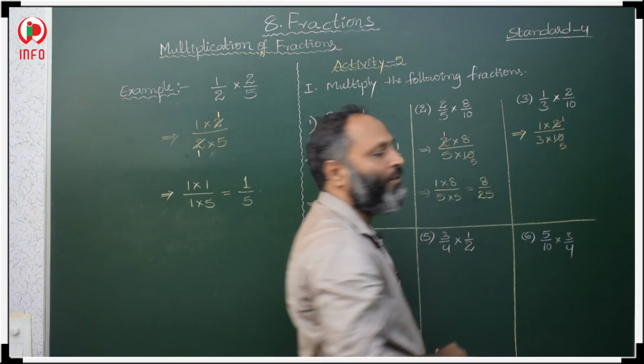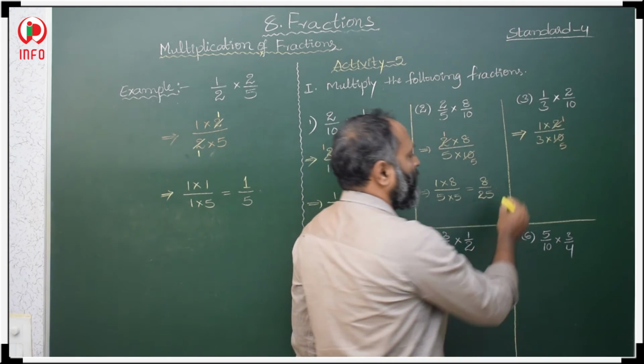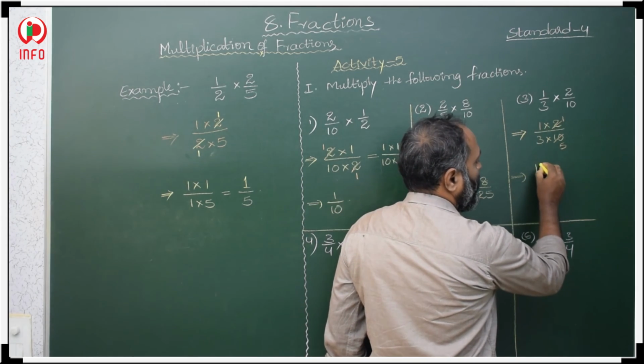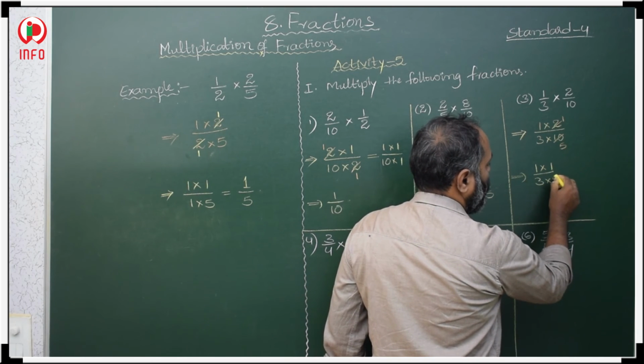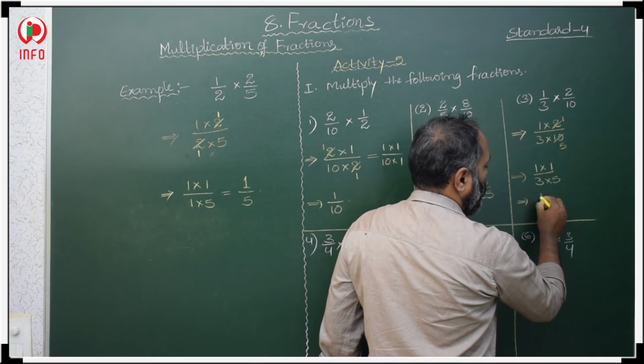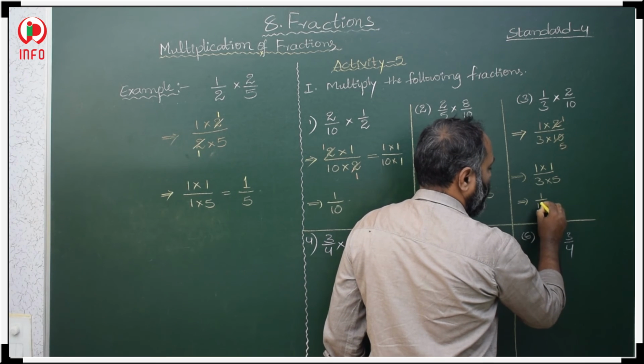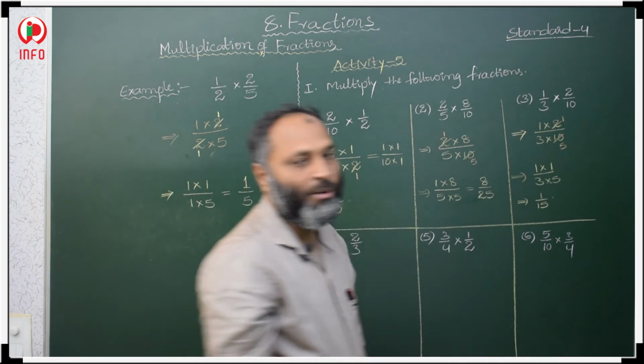With the common factor we have to divide. Now multiply 1 into 1 by 3 into 5. 1 ones are 1, 3 fives are 15. 1 by 15 is a proper fraction.